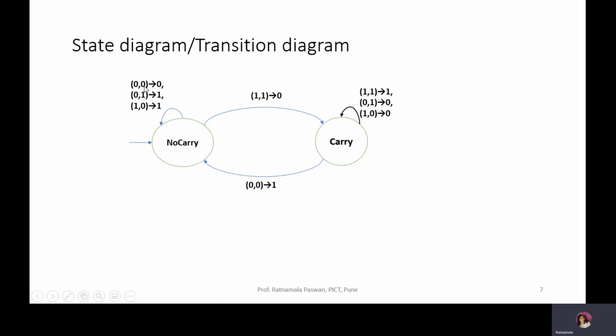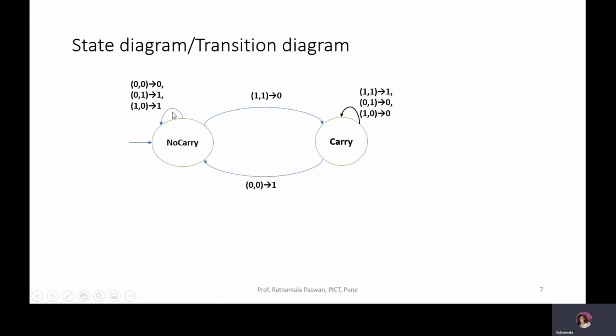For the input, we will take it in detail. The input is 0, 0, and we are considering this input from the state no carry, so the third bit will be 0. Just read it as 0 plus 0 plus 0, a 3-bit addition. As we know, the output is 0, and there is no carry from the result of this 3-bit addition, so this transition moves to the same state.